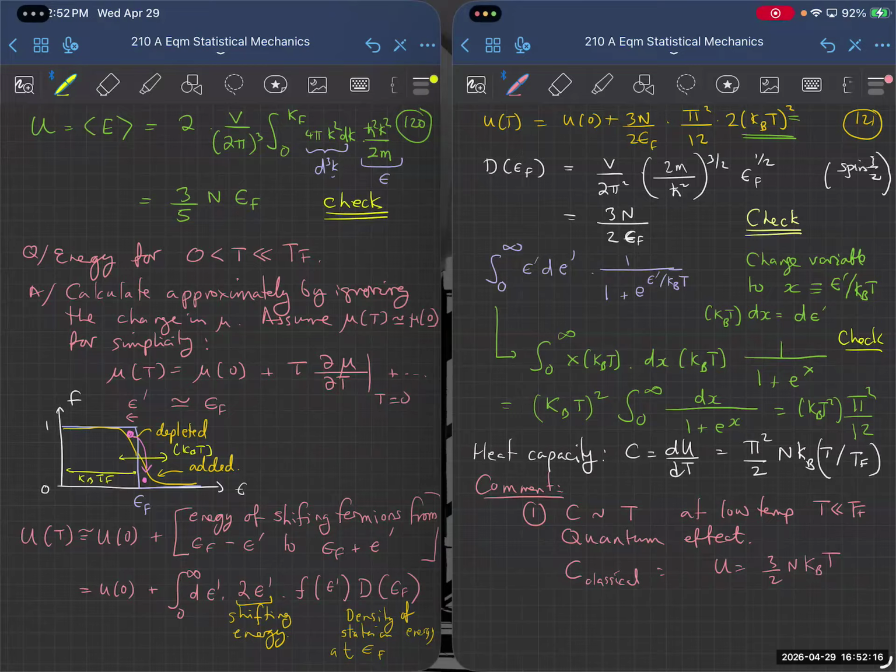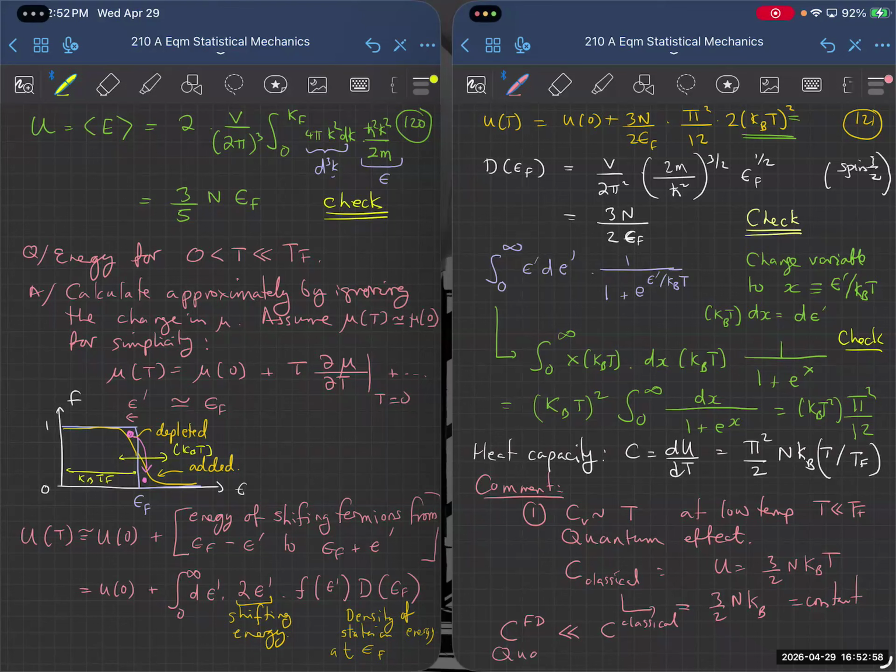We already calculated that. So the heat capacity for a classical system is going to equal 3/2 N kB, a constant, and doesn't have any temperature dependence. So what that means is that the heat capacity, at constant volume by the way, for the Fermi-Dirac fermions is much, much less than the heat capacity for classical particles. And this is a quantum effect.